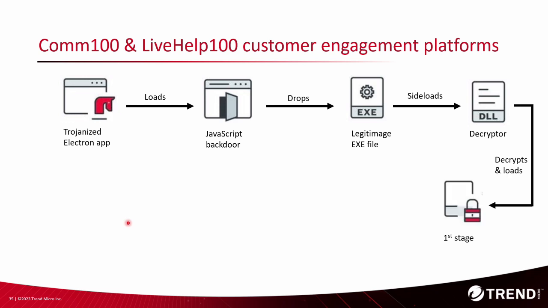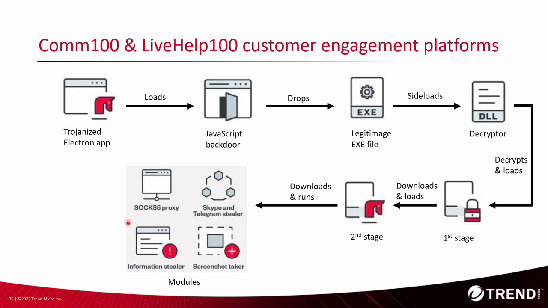The decryptor loads and decrypts the binary file, which loads the first stage of the malware, which then downloads and loads the second stage, which then downloads and runs plugins. The plugins can be information stealers, Skype and Telegram stealers, screenshot takers, a SOCKS proxy. It can also be a zip package with a new update and new version of the malware.